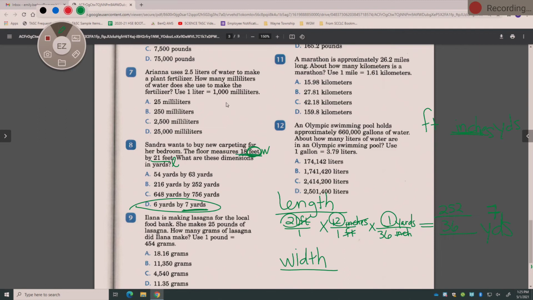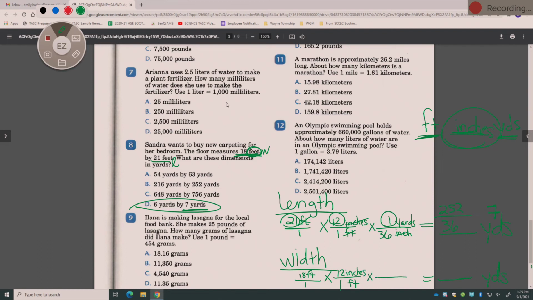So again, I take my width, 18 feet, and I put it over 1. That's my first fraction. But again, I'm trying to work myself over to yards. And if I'm going feet to yards, my next fraction is going to involve inches. So I've got feet down here, and in 1 foot, there are 12 inches.